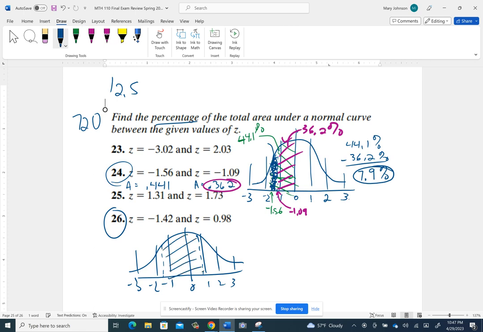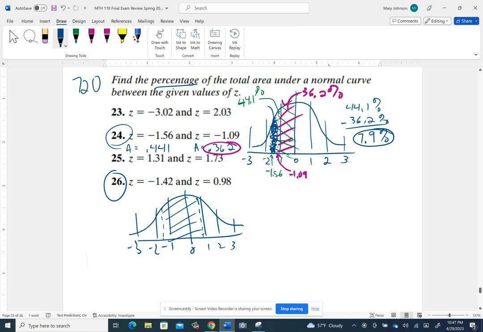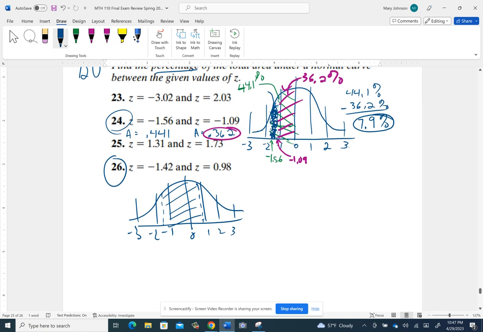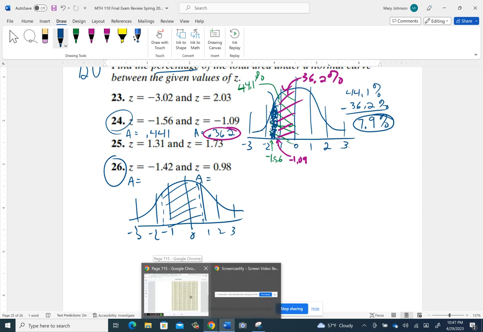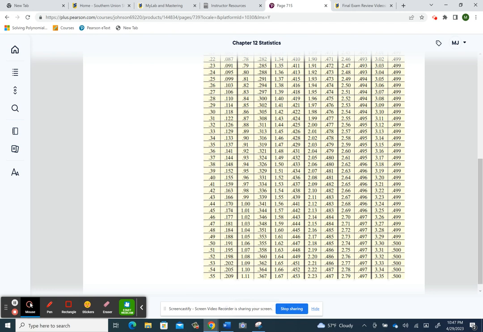See how they're on different sides of the mean? So I'm going to go to my table. So if z equals 1.42 and if z equals 0.98, what are the a values, the areas under the curve? So let's go to 0.98 and you get 0.336.